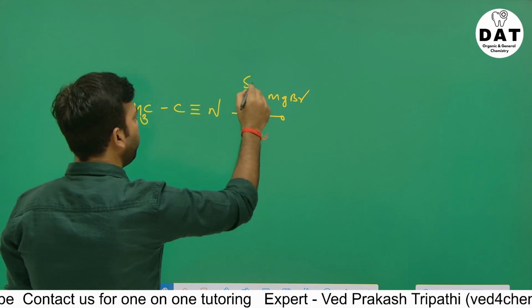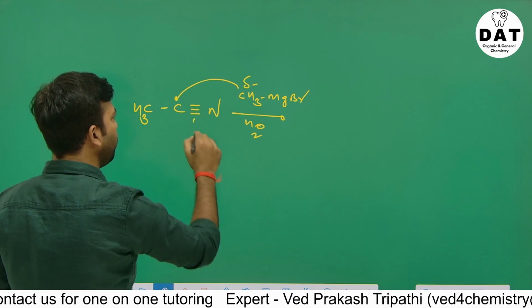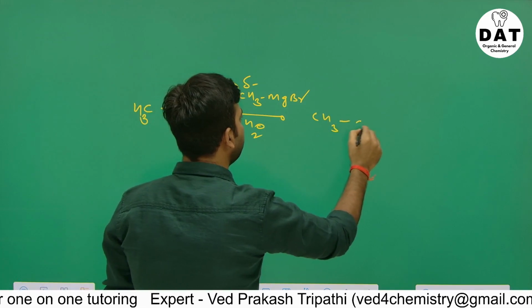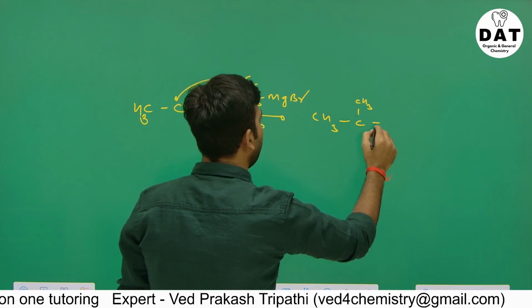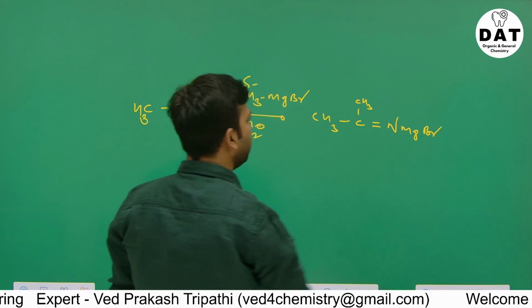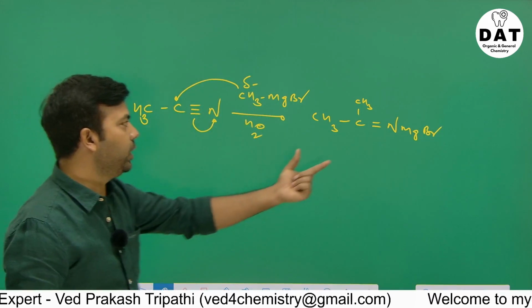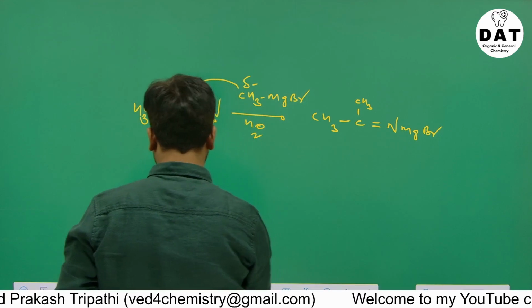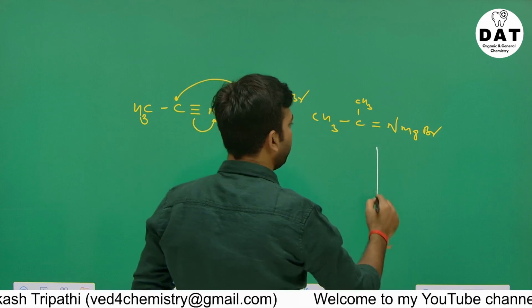So this nucleophile is going to attack the carbon and this bond is going to break. As a result, it will be CH3, C double bond N MgBr. Now we are going to hydrolyze here. We have C double bond N, so we can use 2 times water.